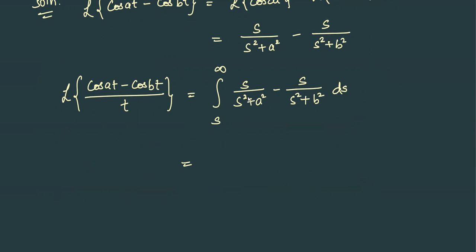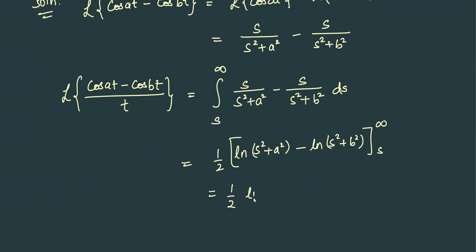So this integral is, multiply and divide by 2, so the numerator is the derivative and the denominator is the function, the f dash x by f of x form. So half log of s square plus a square minus half log of s square plus b square, from s to infinity.